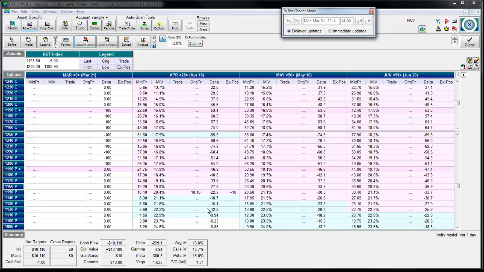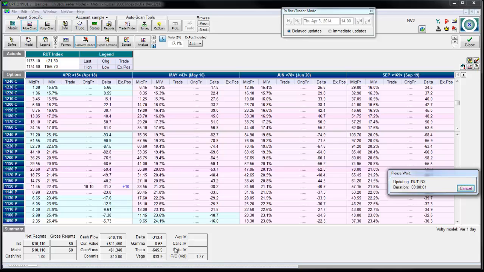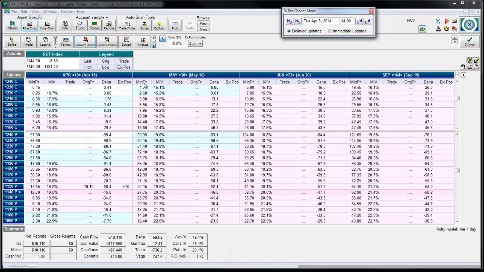And so again, it's kind of the same thing as before. You'll see that your theta is this negative number that you're trying to overcome. You had a big move up here, so that's why we're not getting a big return yet. But you'll see that when it starts coming down and volatility comes up, we will end up, there we go.